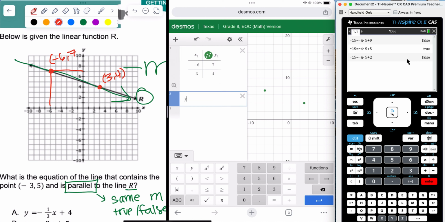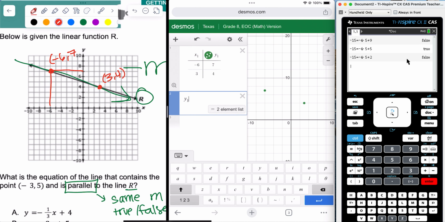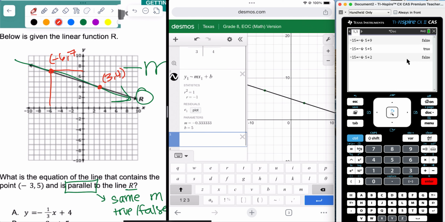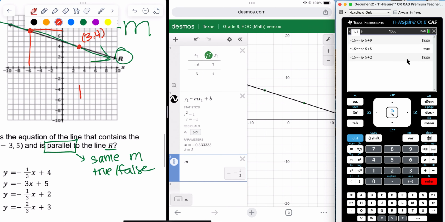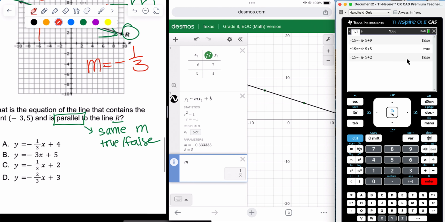And I'm going to find the slope. y1 squiggle line mx1 plus b. And it's a decimal, so I'm going to do m and change it. And it gets me m equals -1/3. So if I'm looking at my answer choices, the only ones that match -1/3 are going to be A and C. So B is eliminated, D is eliminated.